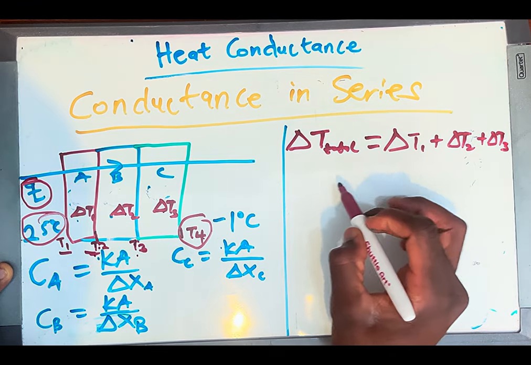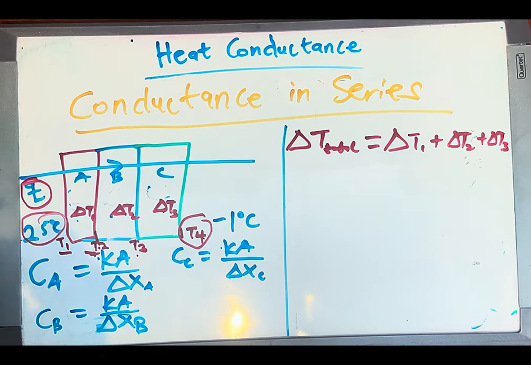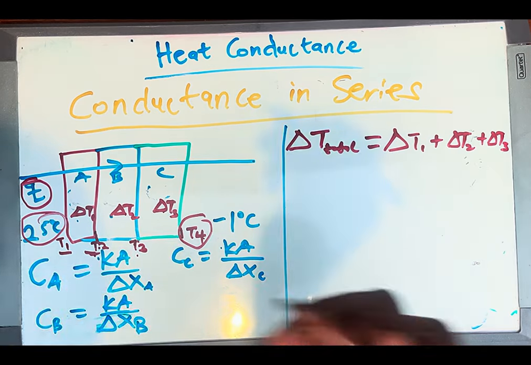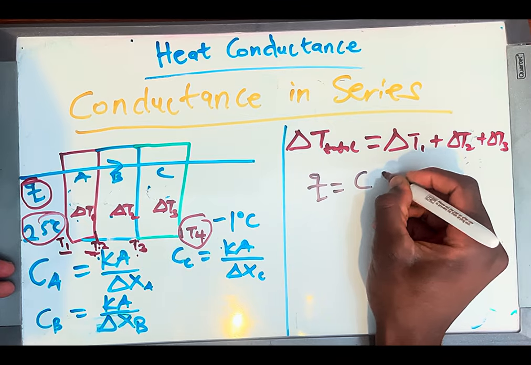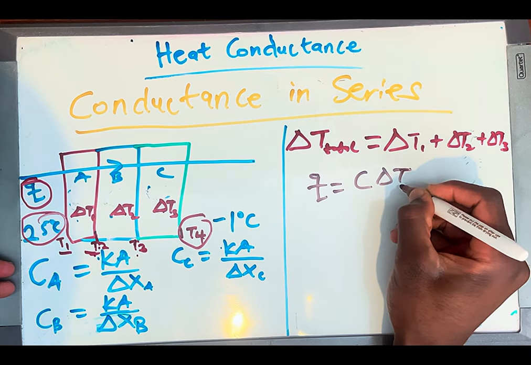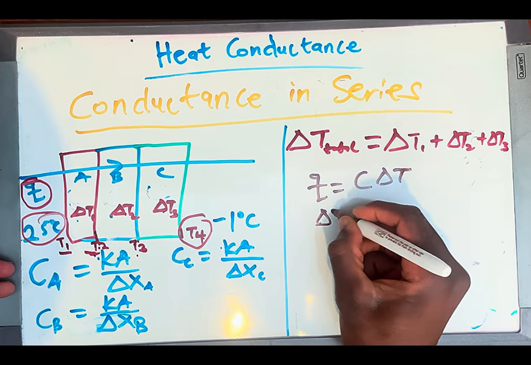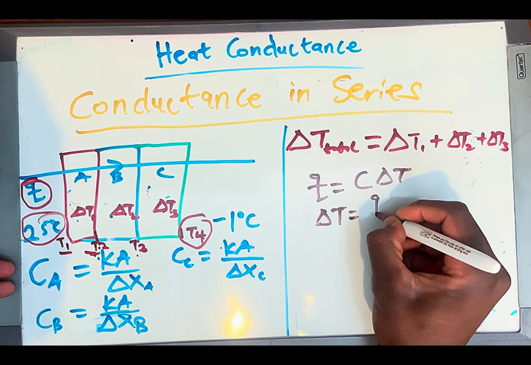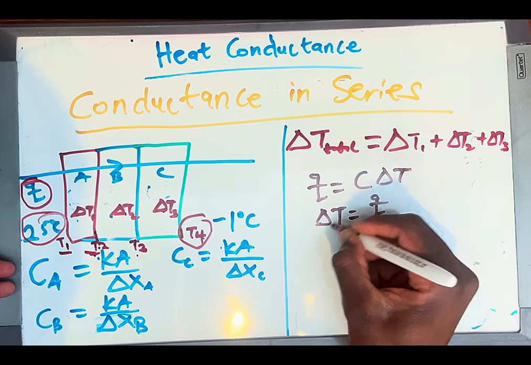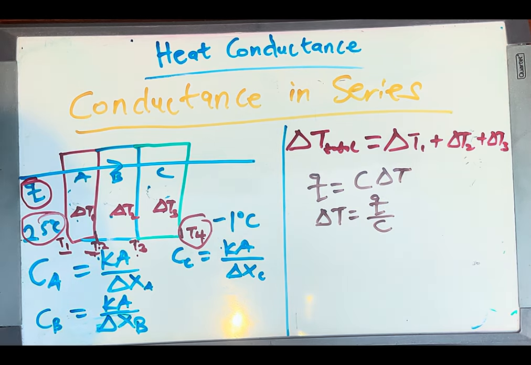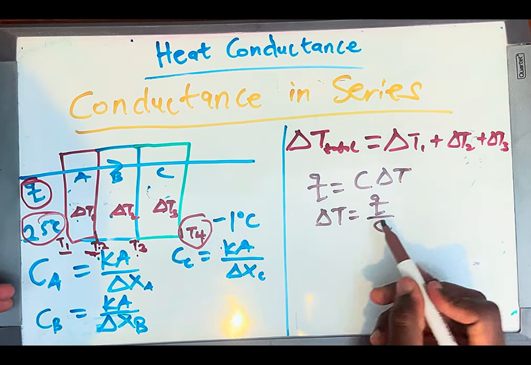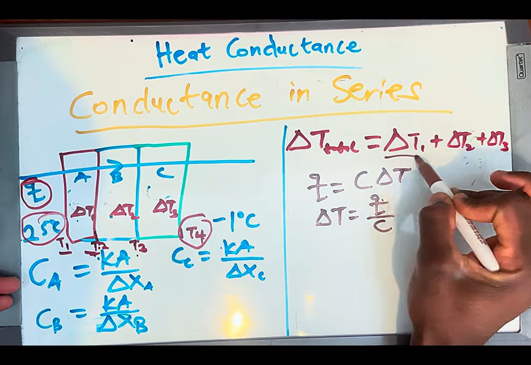Now, we know from the reduced Fourier's equation that I stated earlier that Q is equal to C delta T. Now let's make delta T the subject. You get delta T equal to Q over C, right? So let's fix Q over C into this equation.